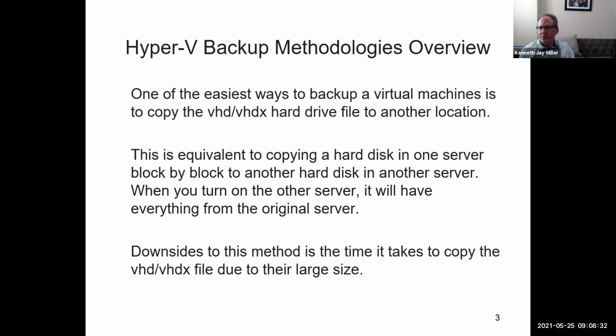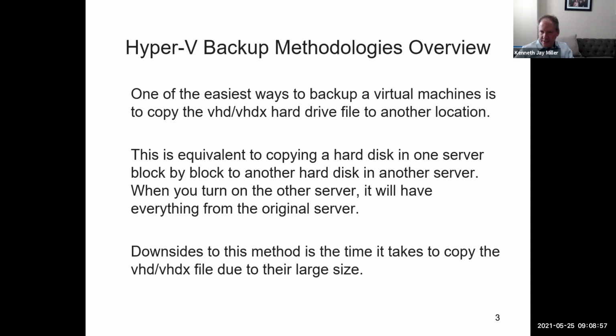If anything happens to that machine, all I have to do is put that hard drive in another computer or take out the old hard drive and put in the replacement hard drive, and it's right back to where it was, right? So this is equivalent to copying a hard disk in one server block by block to another hard disk in another server. When you turn on the other server, it will have everything from the original server.